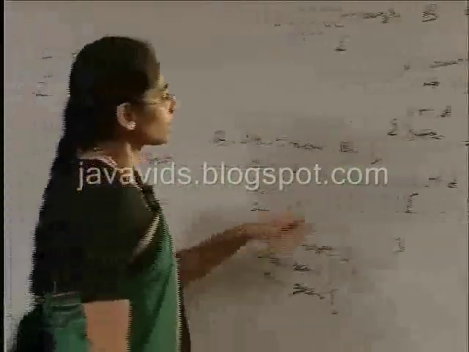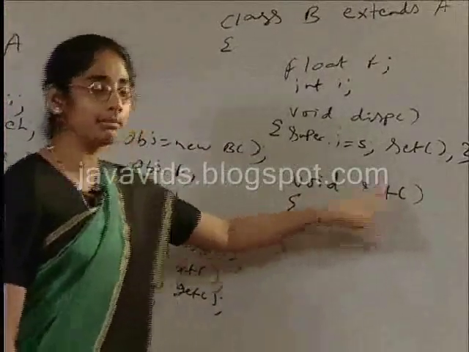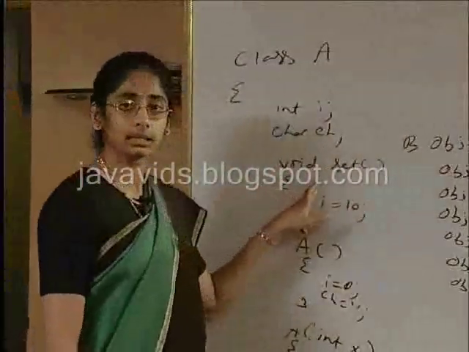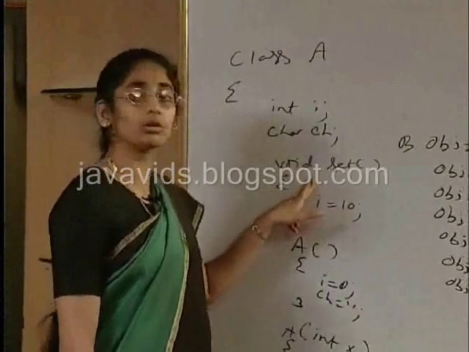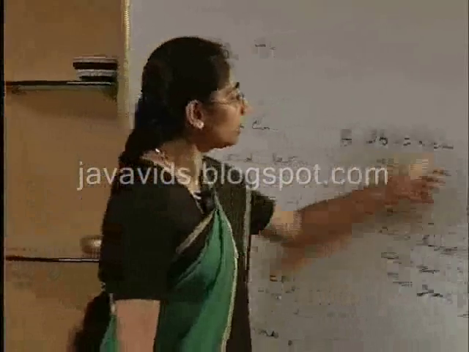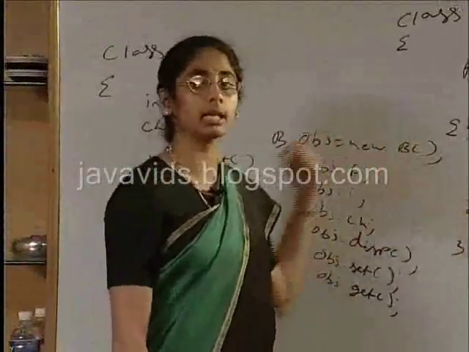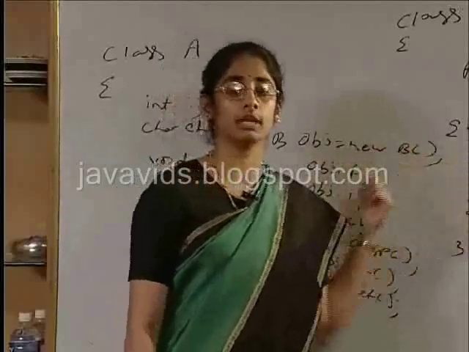Now when you define a method which is same as the method of the parent, it is called function overriding. So function overriding can occur only between parent and child classes. There should be a parent and child relationship for function overriding to occur.